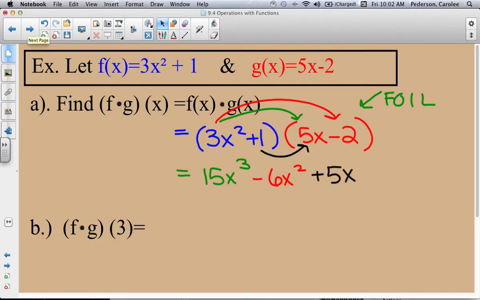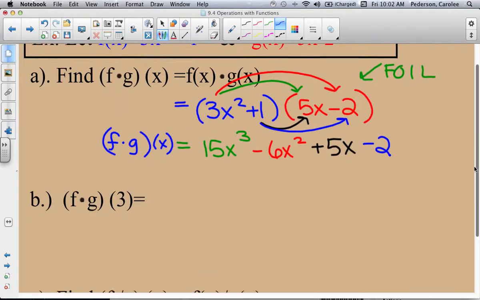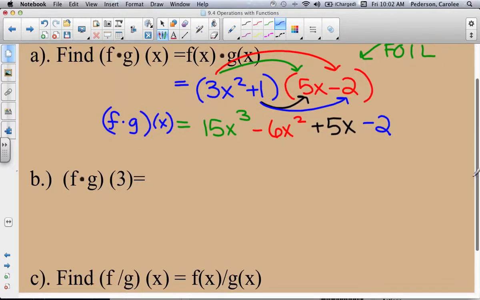And then last, 1 times negative 2 is negative 2. Then we look to see if it's in standard form, any terms that we need to combine together, and there isn't. So f times g of x equals 15x cubed minus 6x squared plus 5x minus 2.